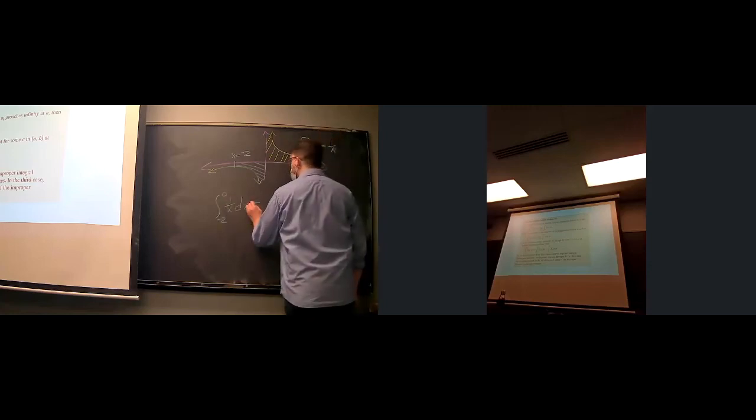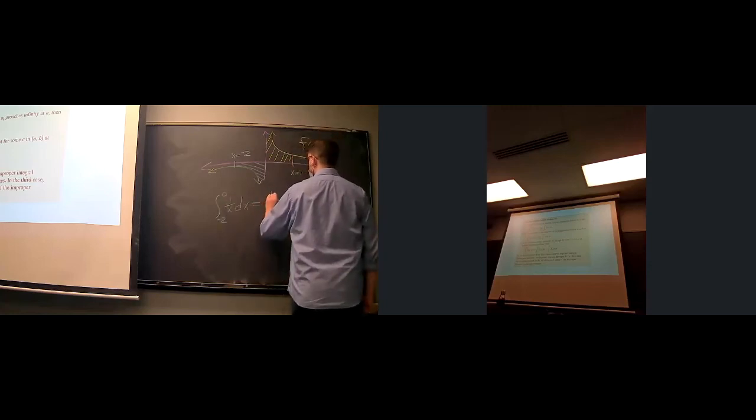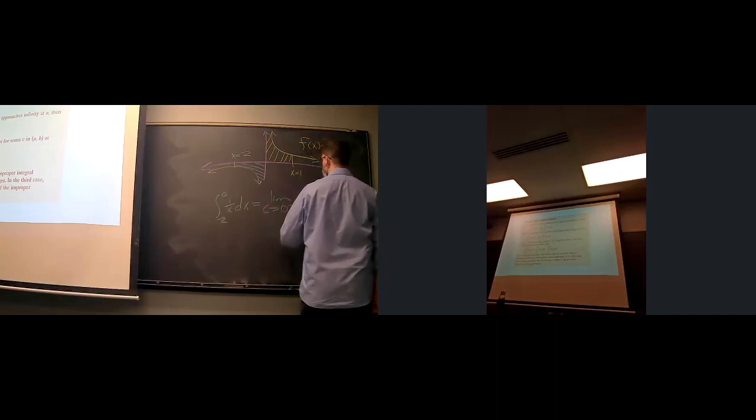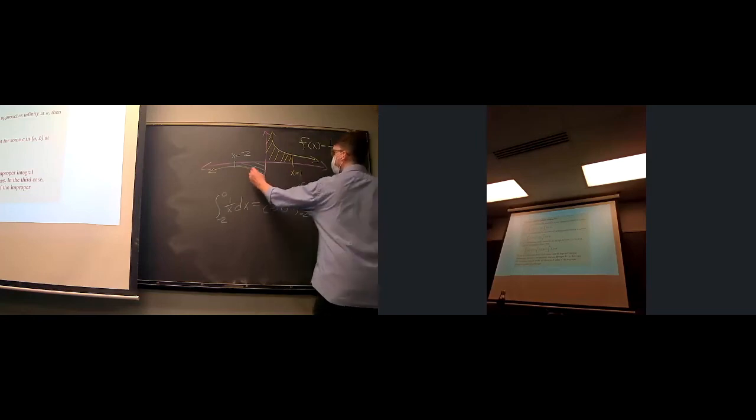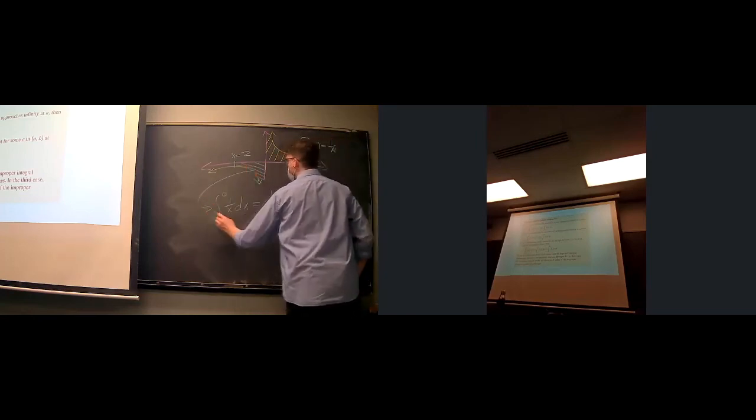So we would rewrite it as the limit as c goes to 0 from the left of the integral from -2 to c of 1 over x dx. So that's this area right here.